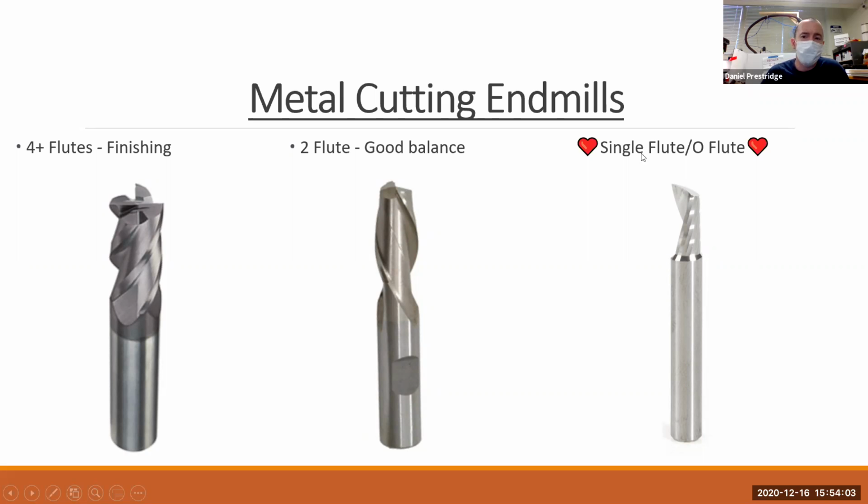And then my love of my life is O flutes. They have a single flute that has a huge opening. The backside, some of them have facets, other ones don't, but this one doesn't have that flat bottom.